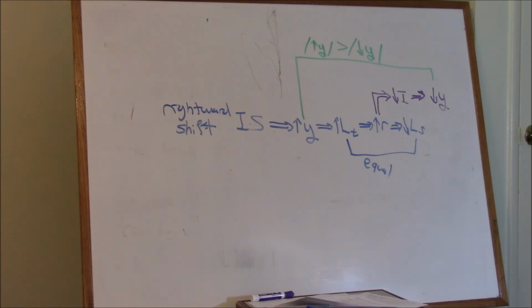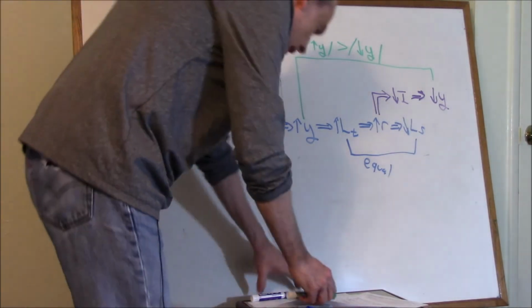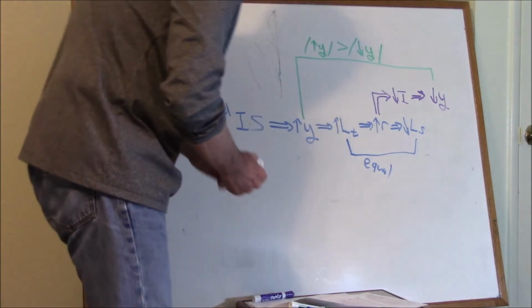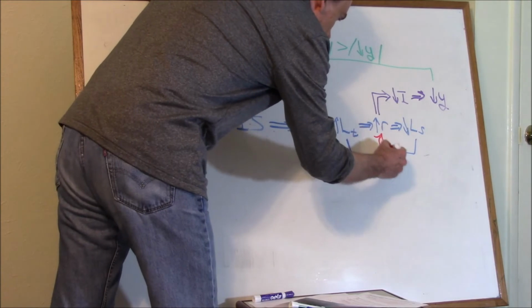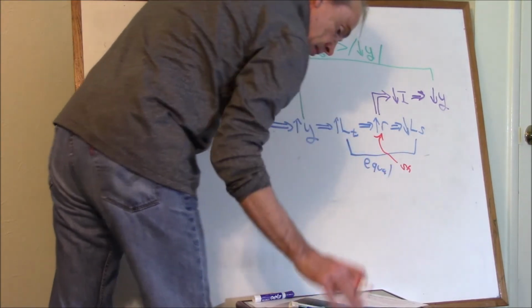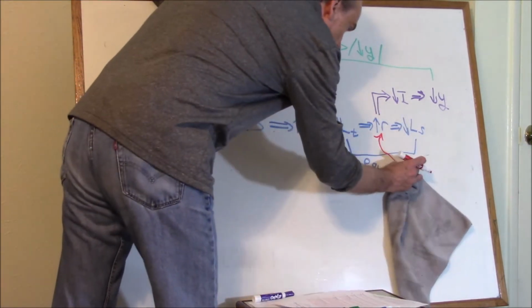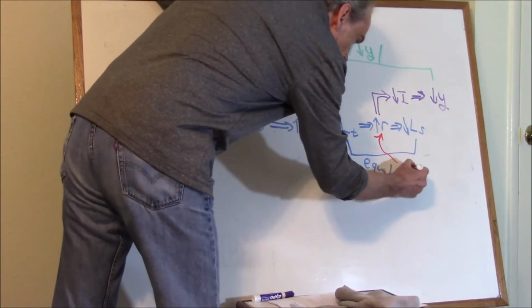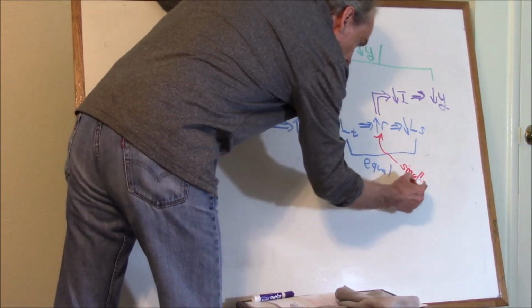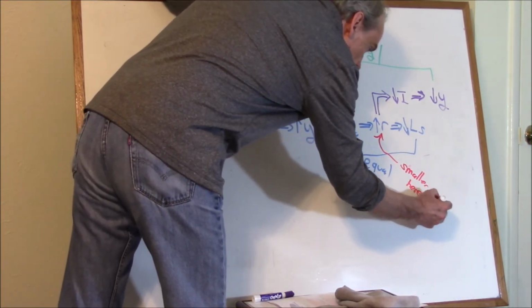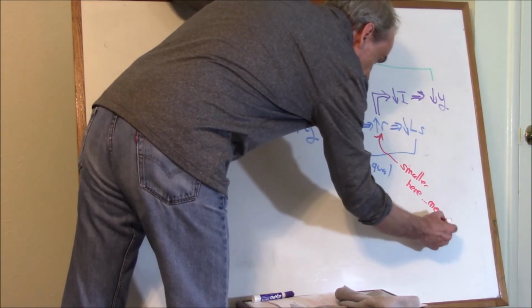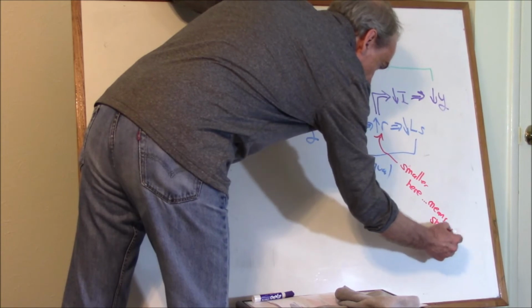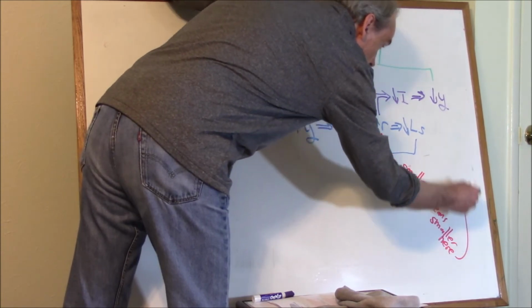Last thing to indicate on this, and this is where you're really getting at the interest sensitivity stuff. Oops, I meant that to be an M. Smaller here means smaller here.